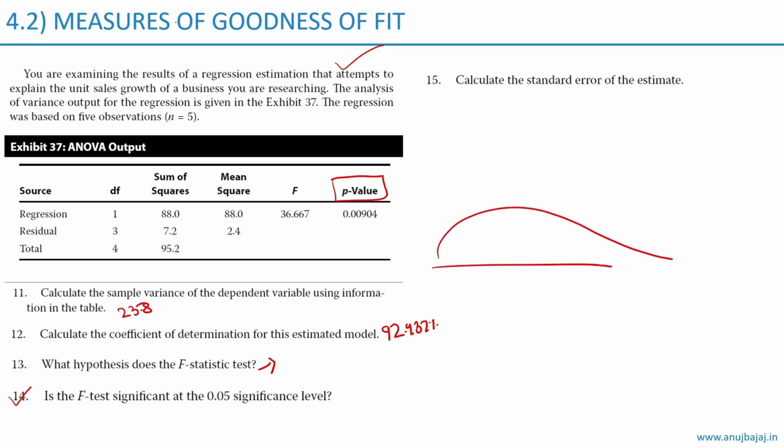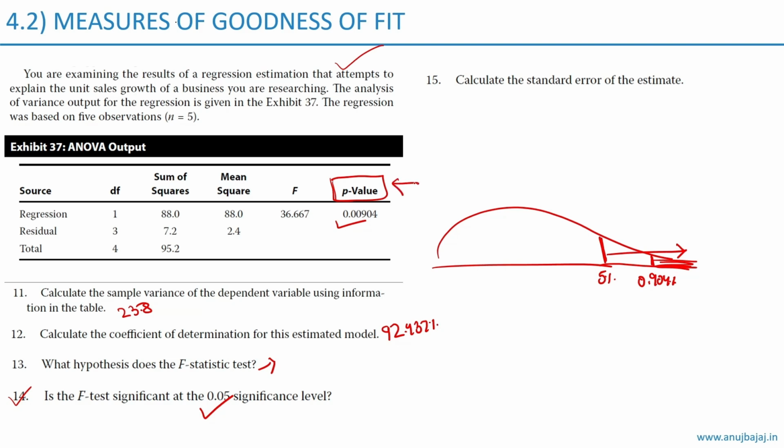Suppose this is how an F statistic looks like. So the p value, which is 0.00904, implies that 0.904% of the observations lie below the F statistic and the significance level is 5%. So the critical value lies somewhere over here where 5% of the observations lie below the critical value.